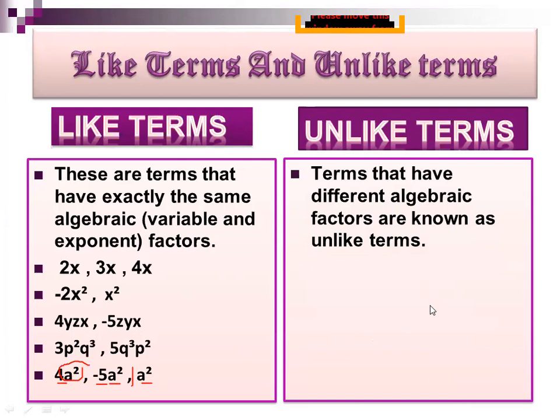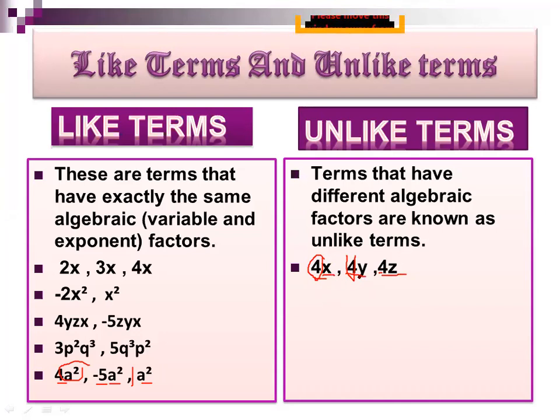Now look here and consider this example. This is your first term, this is your second term, and this is your third term. If you talk about the coefficient, here you have coefficient 4, here 4, and here 4, meaning your coefficients are the same, but your variables are different.